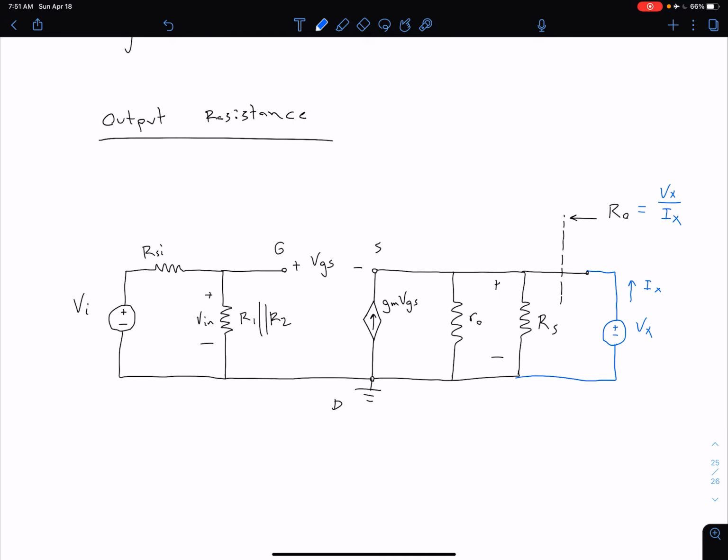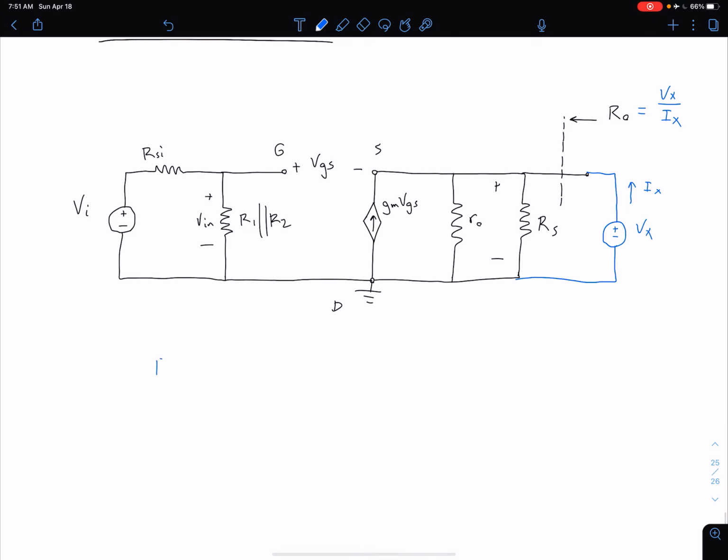One important thing we need to remember is when we're doing this test source method, we need to deactivate any independent sources. In this case, we have one independent source, which is our Vi over on the far left.